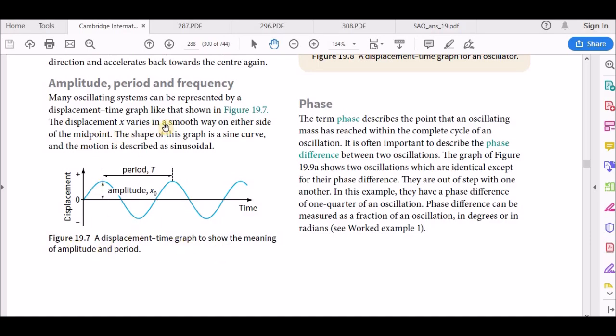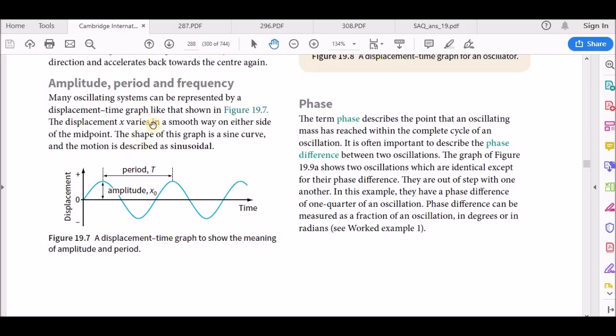The displacement x varies in a smooth way on either side of the midpoint. Remember, displacement is a vector quantity, so we consider the displacement from the equilibrium position. If we take to the right as positive displacement, then whatever is to the left will be a negative displacement.